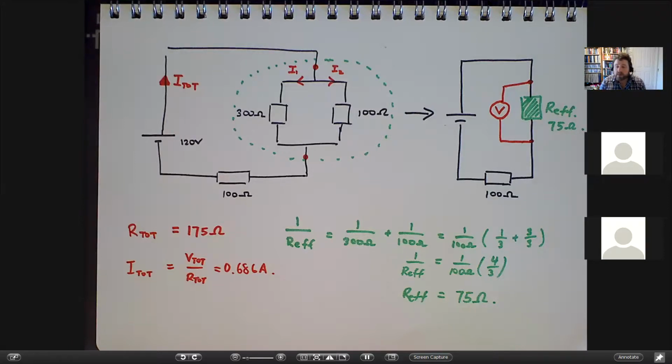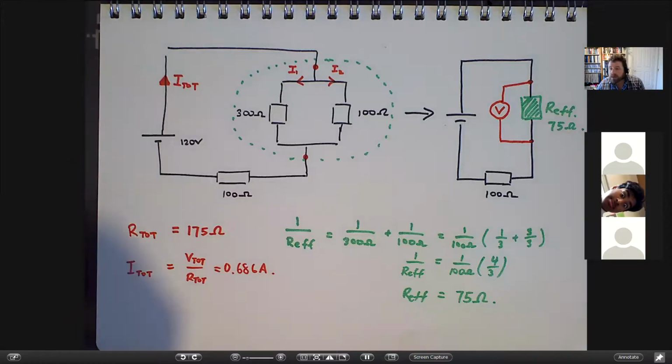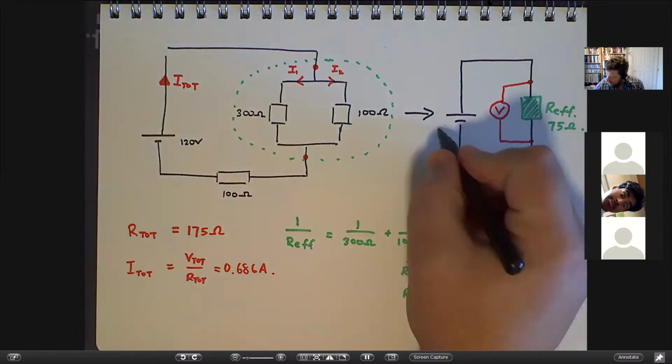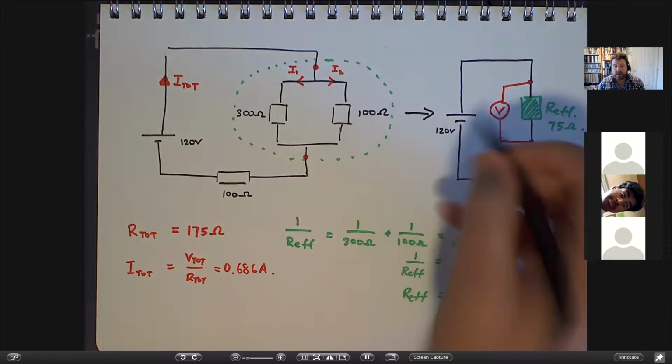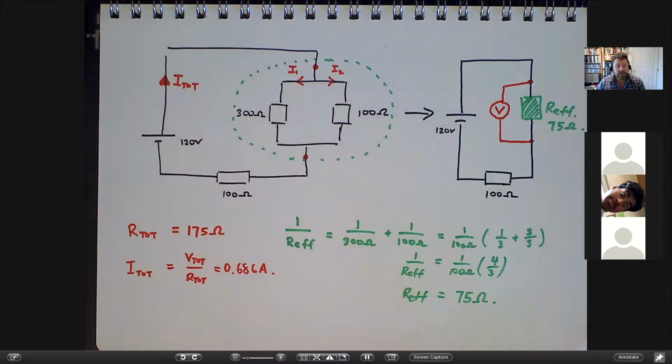Yes, Will? Oh no, Lenuka. Hey, Lenuka. So you know how you got the total current, can you work it out as a ratio, like 3:1 divided by 4? I want to say yes. You can.